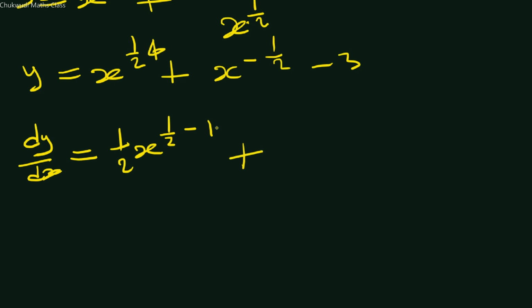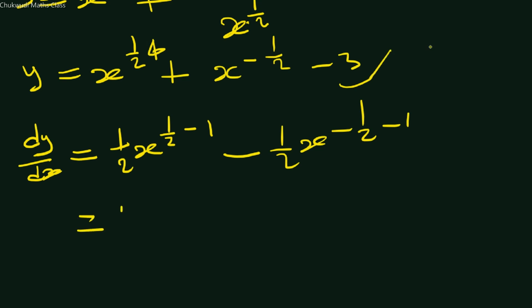Plus this particular minus 1 over 2. The minus 1 over 2 will go behind x, and when it comes there, it's going to affect this negative sign. That will give us minus 1 over 2, x raised to the power minus 1 over 2, minus 1 there. Differentiating minus 3 will give you 0 because that is a constant. So this one has disappeared.